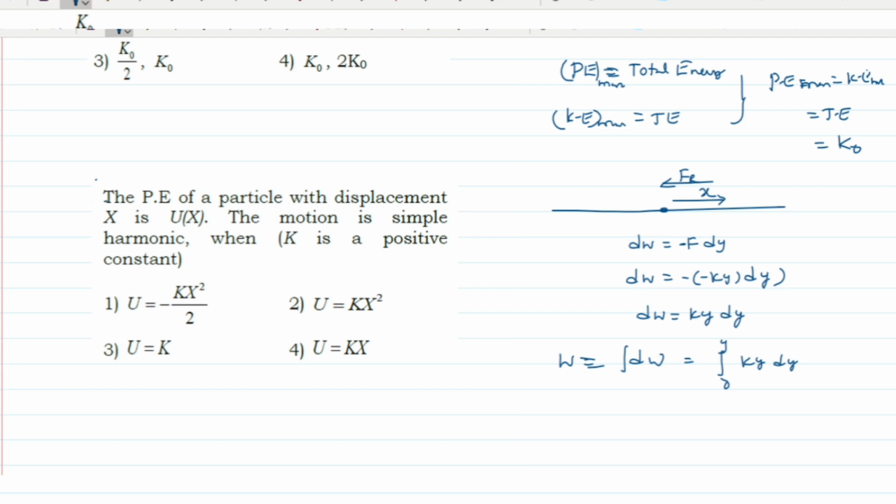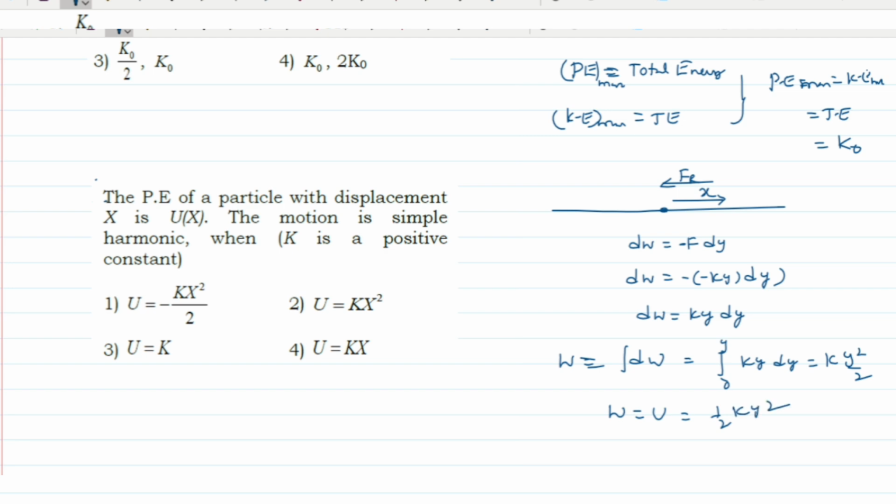So the work done is stored in the form of the potential energy of the particle, which on integration gives k into y square by 2. So work done equals U, which is half into k into y square.